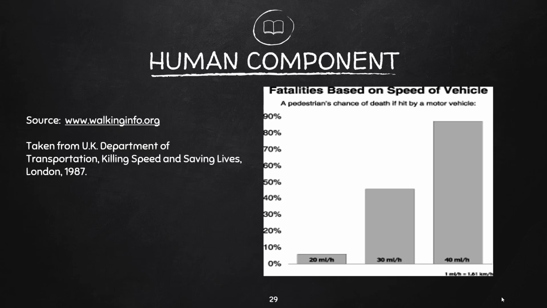The graph here shows the fatalities based on speed of vehicle. Of course, as your speed increases, there is a greater percentage of fatalities that will be caused by that accident.